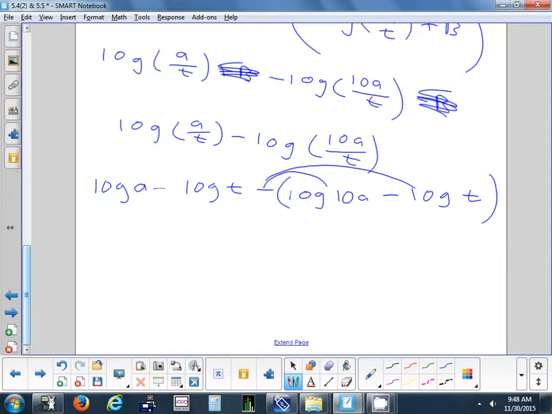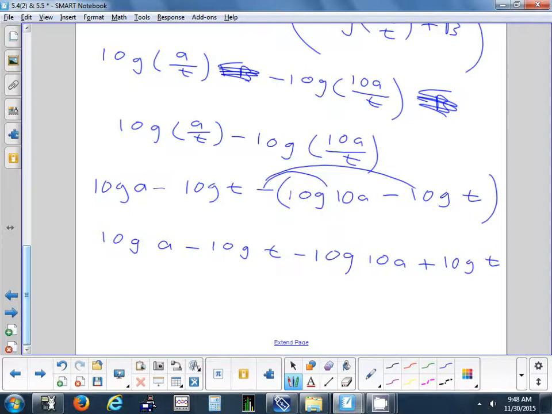And now watch what's going to happen again here. Get log a minus log t minus log 10a. And what's minus log t? Plus what? Plus log t.